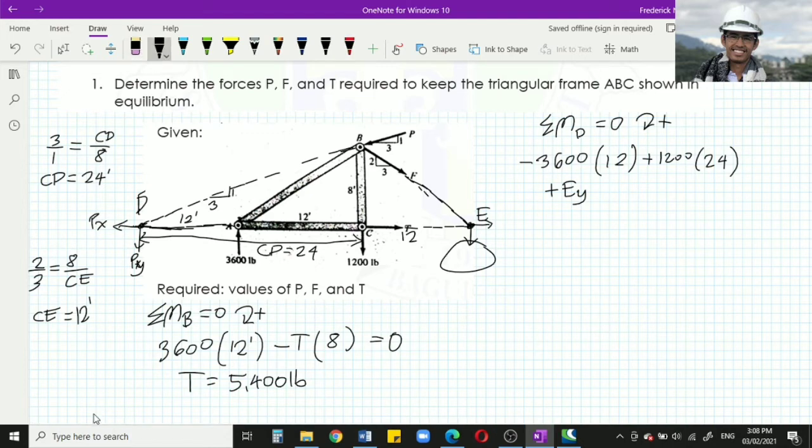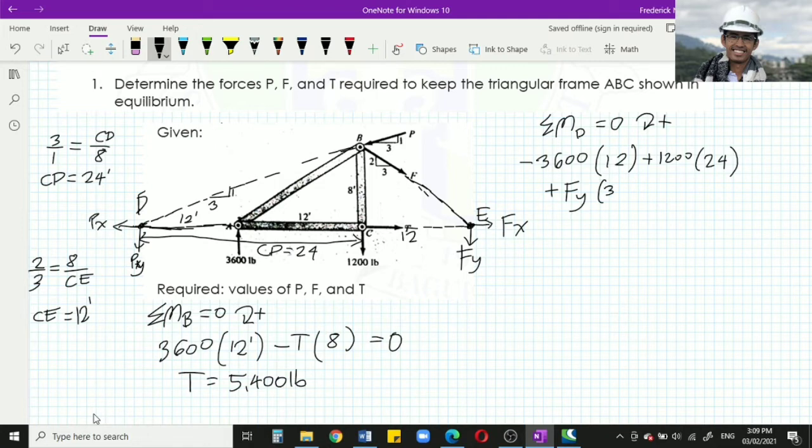So, this will be FY and FX. So FY yung magmo-moment sa ating point D. So that will be 24 plus 12. So that will be 36.